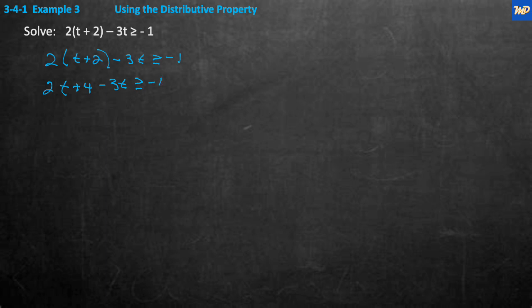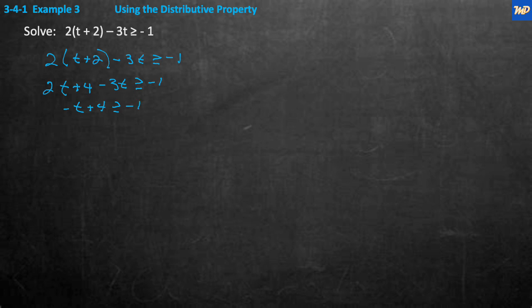So now we can combine our t's. We're going to combine like terms here. So we have 2 minus 3 is negative t plus 4 is greater than or equal to negative 1.